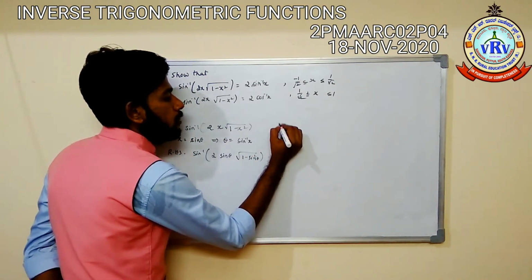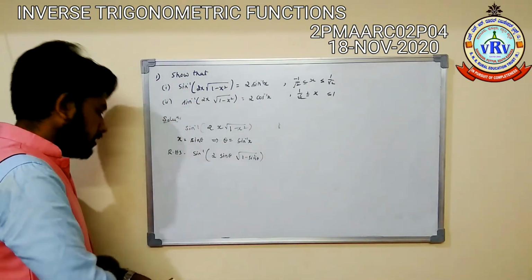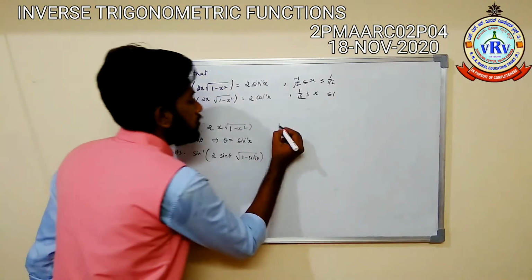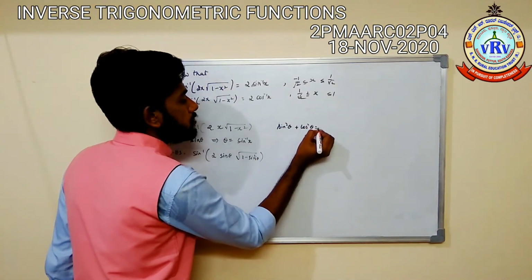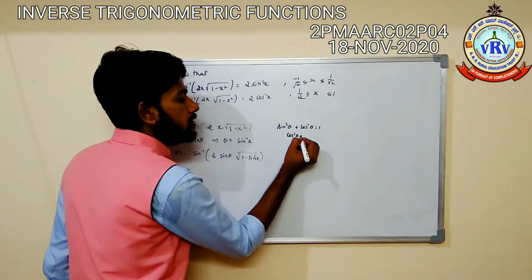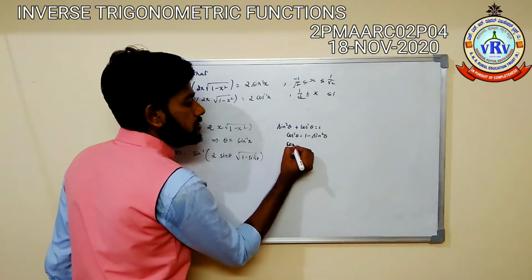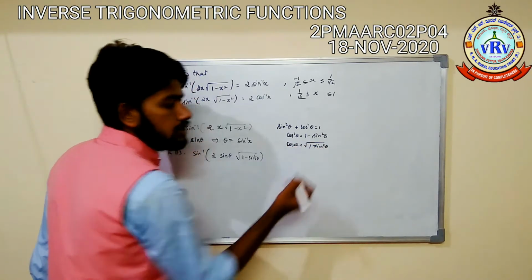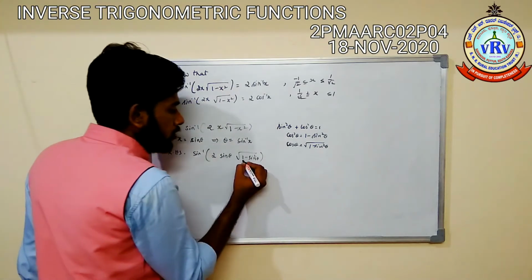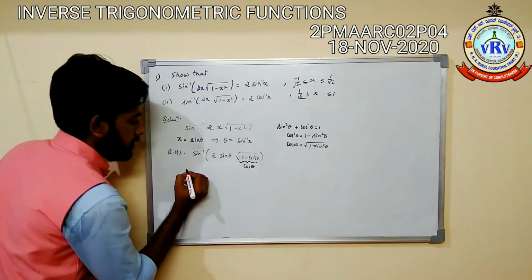Because we know sine square theta plus cos square theta is equal to 1, or cos square theta is equal to 1 minus sine square theta, or cos theta is equal to square root of 1 minus sine square theta. So you can replace this entire portion as cos theta, right?